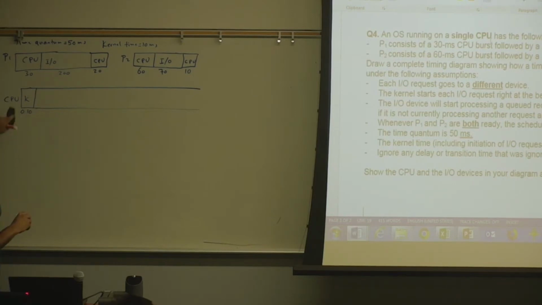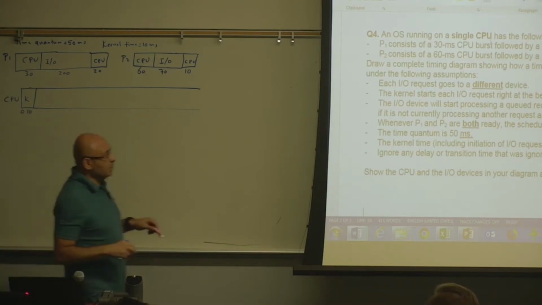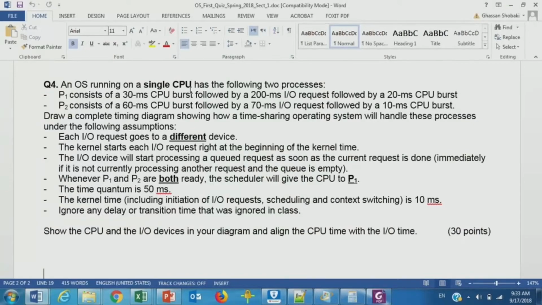Then the kernel now will have to select a process to give the CPU to. Now, which process is ready? Initially both are ready. So according to the scheduling strategy, it will give the CPU to P1.